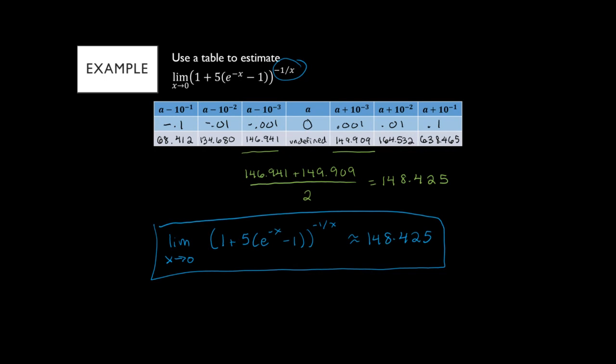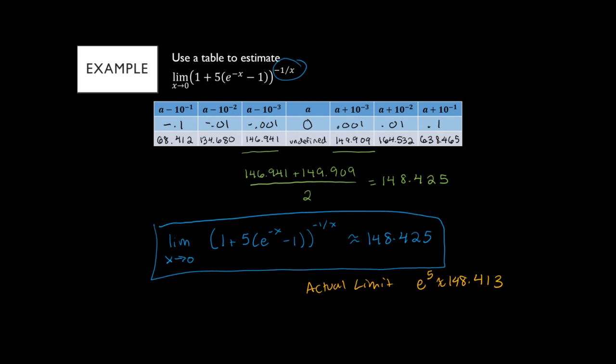Now, if you look up this formula, this is another one where it's a special formula. The actual limit, which you would not be able to find from the table, is, no, not 5, e to the 5th power, which is 148.413. So our table got close, but there's no way from the table to know that the actual limit is e to the 5th.